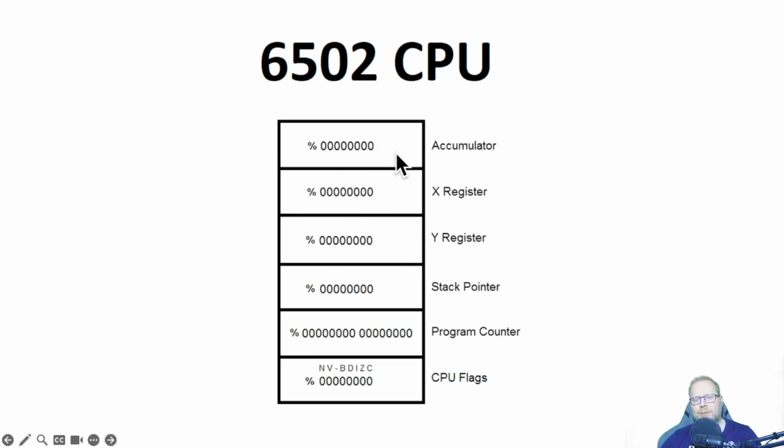We're going to talk about number systems in just a little while. But the point here is that inside the CPU we have these little areas. For example, the accumulator can contain 1 byte. The X register contains 1 byte and the Y register 1 byte. Again, we're going to look at this more in detail, but that's what's going on inside the CPU. We have these numbers inside the CPU.